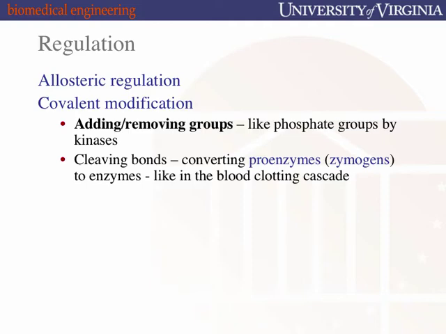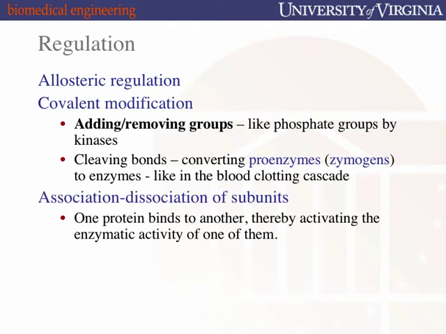So enzymes that act on other enzymes cleave through proteolysis to activate or deactivate, right? So we're going to find that out. Botulinum toxin winds up being a protease that inactivates a key protein in our body. All right. Finally, another type of regulation is that of association and dissociation of subunits.